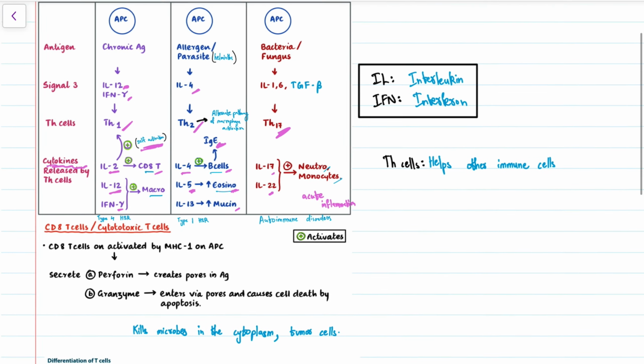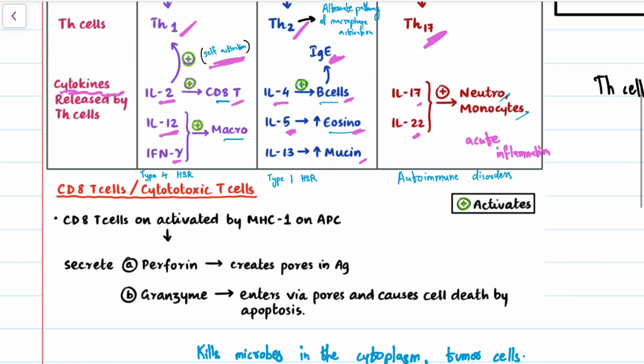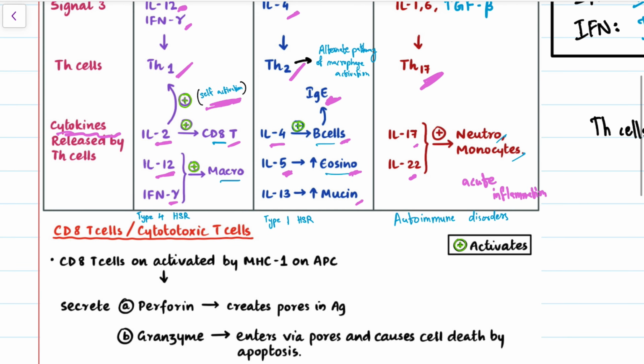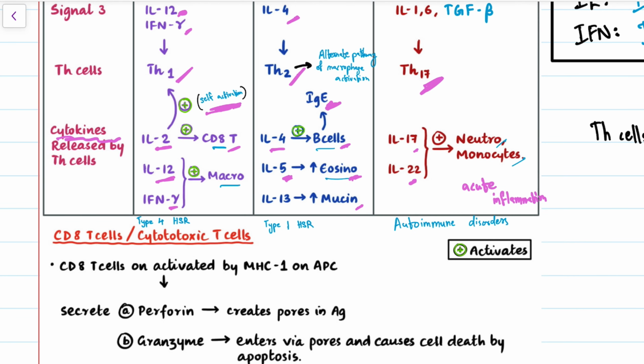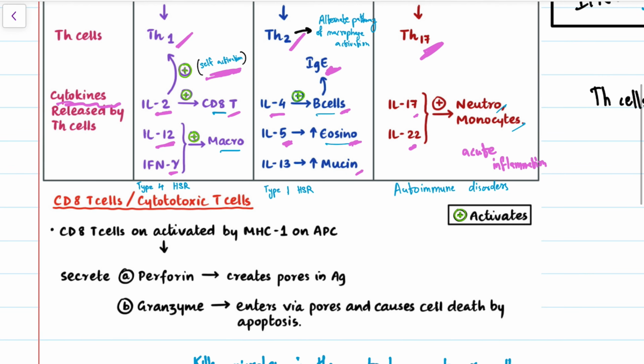So these helper T cells go and help even the CD8 positive T cells, right? These CD8 positive T cells are otherwise known as cytotoxic T cells. What happens is that the CD8 T cells, on being activated by the MHC1 on the antigen presenting cell, secrete mainly two enzymes: the perforins and the granzymes.